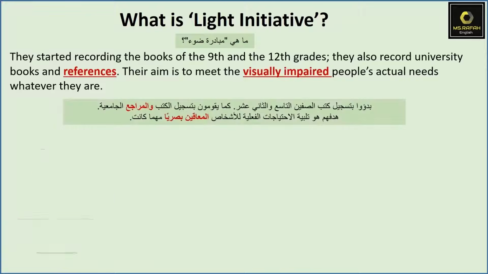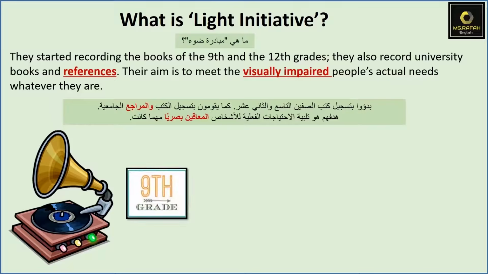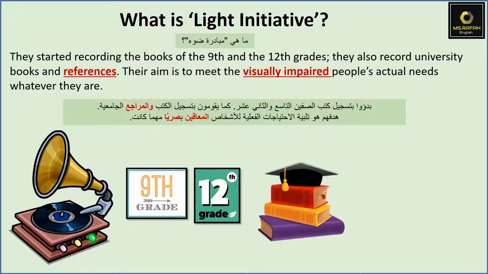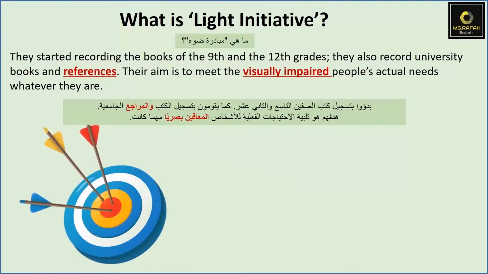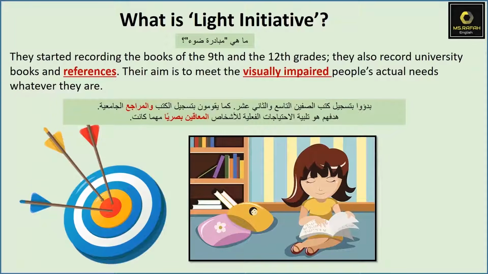They started recording the books of the 9th and the 12th grades. They also record university books and references. Their aim is to meet the visually impaired people's actual needs, whatever they are.